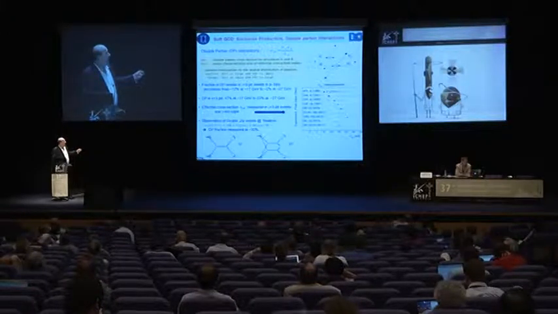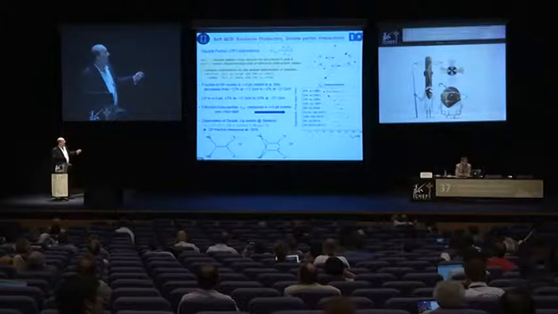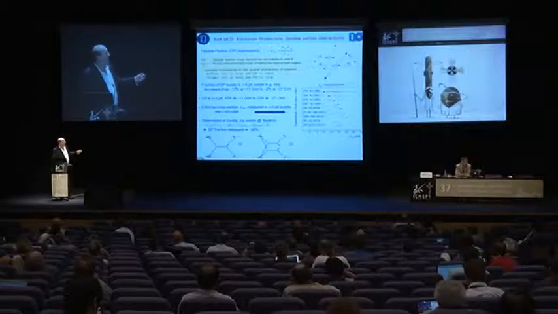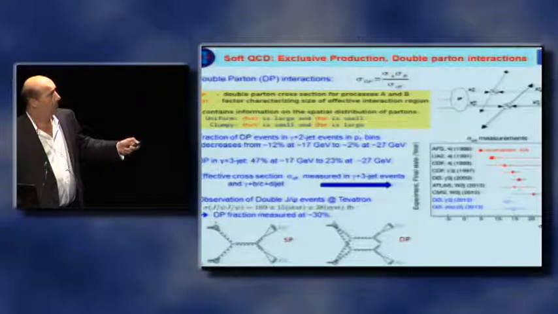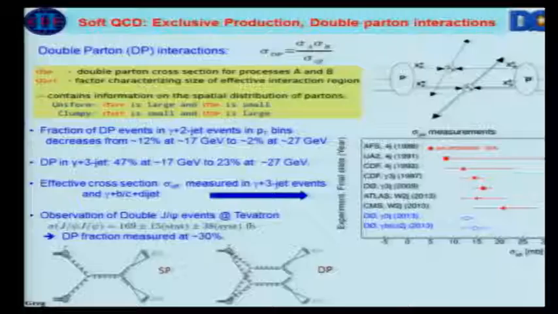From the measured double parton cross-section, you can deduce an effective cross-section, based on the process which takes place from the two parton interactions, and it gives you some information about the uniformity or clumpiness of the distribution of the partons.